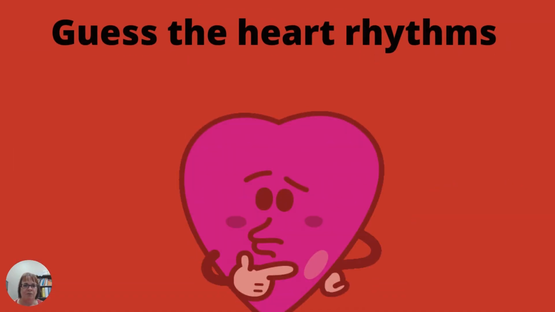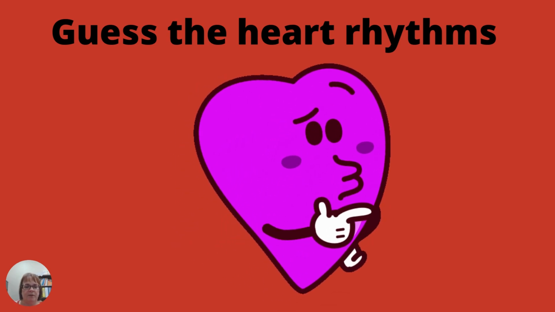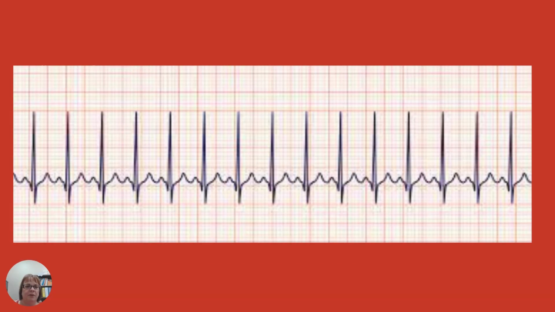So let's guess some of these heart rhythms. The first one we're going to look at, if you're looking at this strip, let's just assume this is a 6-second strip. What I usually tell my students is that this is a 6-second strip they have for test purposes. They're going to count the QRSs they have. So this is 1, 2, 3, 4, 5, 6, 7, 8, 9, 10, 11, 12, 13, 14, 15.